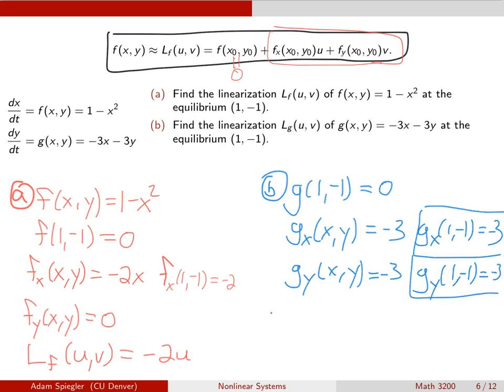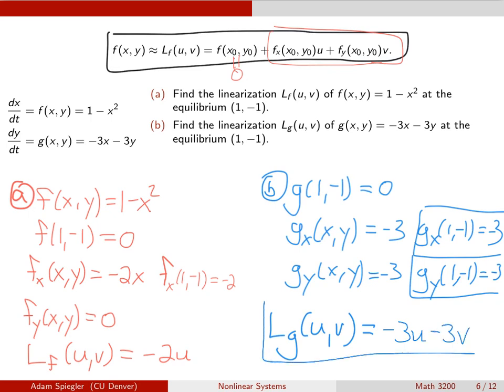So therefore, the linearization of g we can express as a function of these new variables u and v as saying this is equal to -3u - 3v. So in fact, we did get exactly back the same equation that we started with, just we expressed this in terms of our new variables u and v. So that's how we could basically approximate any equation of two variables with a linear equation of two variables.